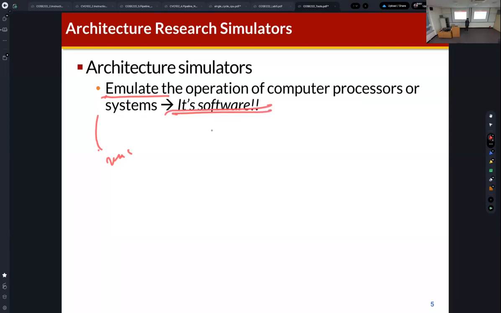Architecture simulators emulate the behavior of computer system hardware, like processors or real hardware systems, using software.